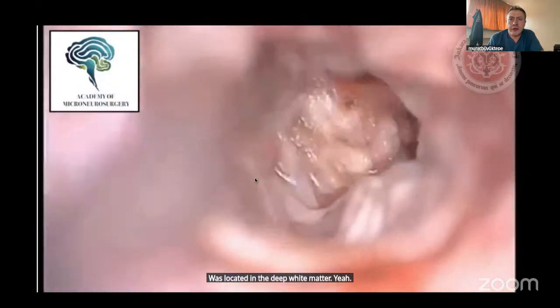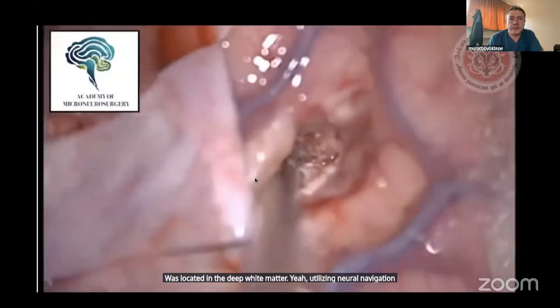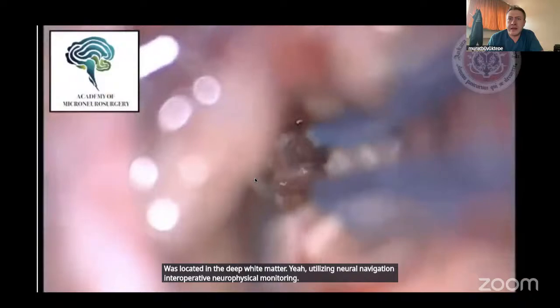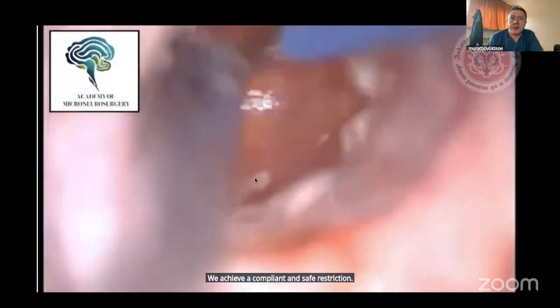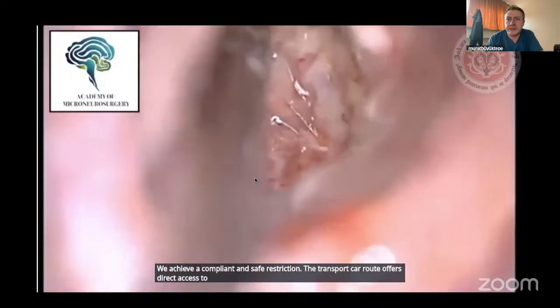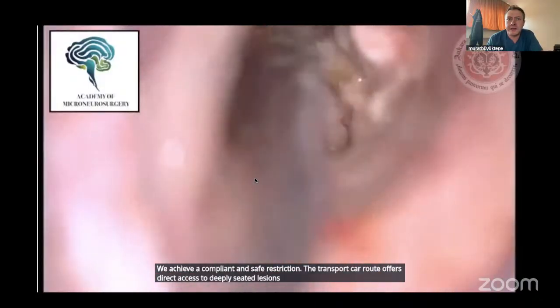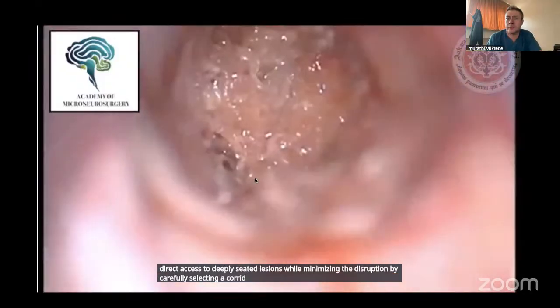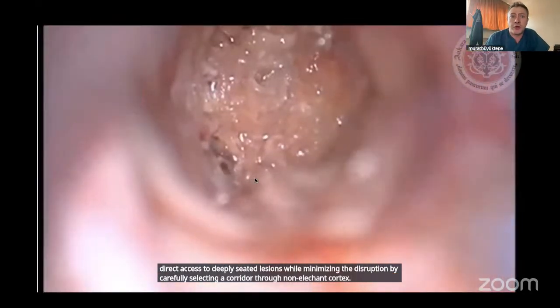Utilizing neuronavigation and intraoperative neurophysiological monitoring, we achieve a complete and safe resection. The transcortical route offers direct access to deeply seated lesions while minimizing disruption by carefully selecting a corridor through non-eloquent cortex.